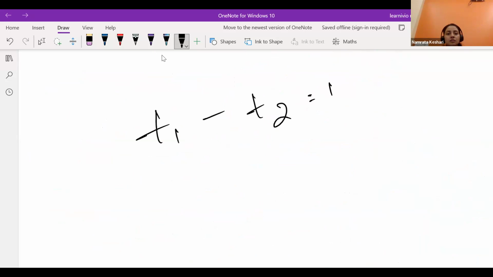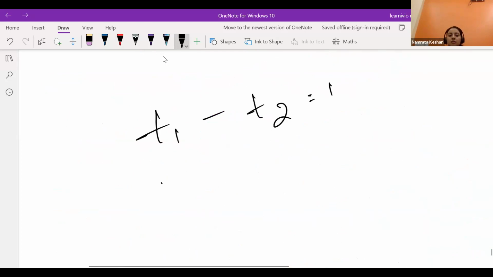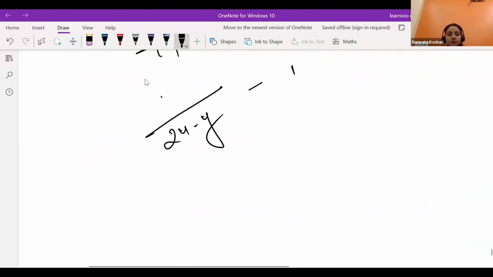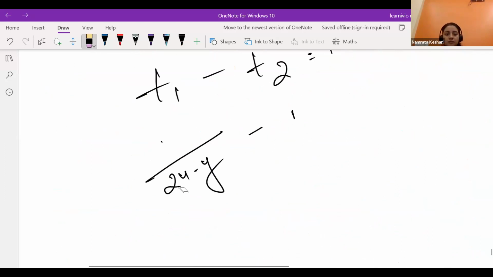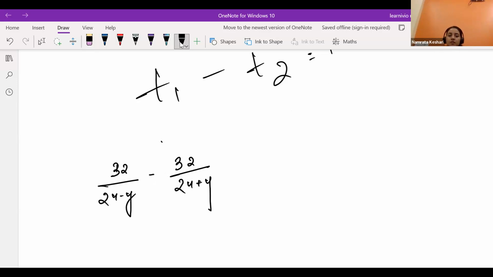We got 24 kilometers per hour, 24 minus y, and the total distance was given as 32, minus 32 by 24 plus y, equals 1.